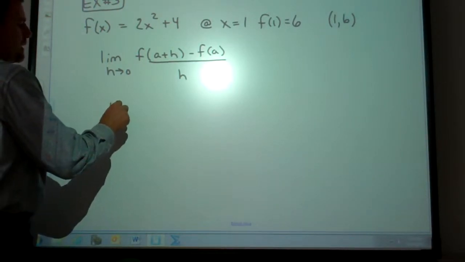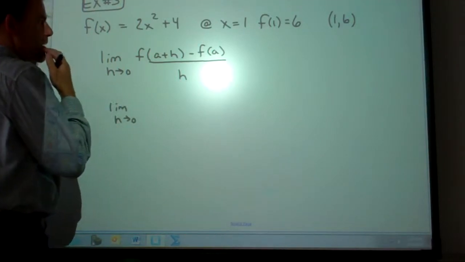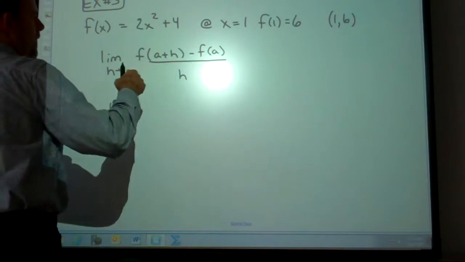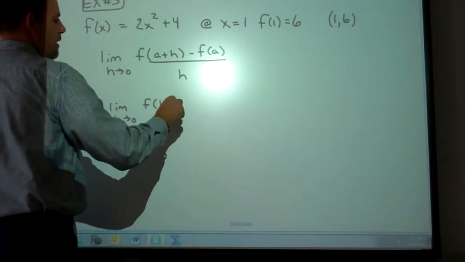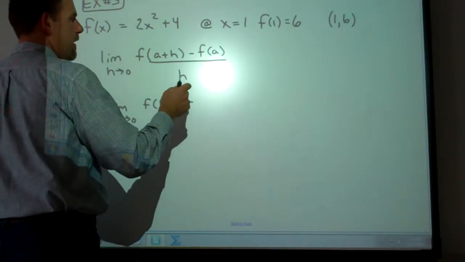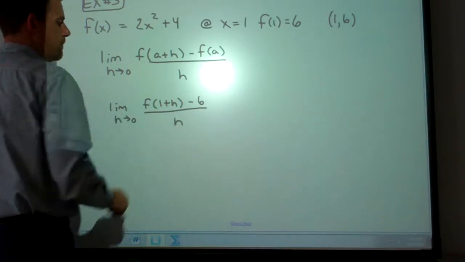Now we can throw that in here. We take the limit as h goes to 0 of f of a plus h. I substitute the 1 in for a, so this is really f of 1 plus h, minus f of a, which we said was 6, all over h.